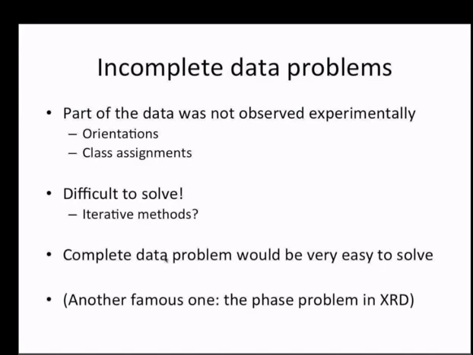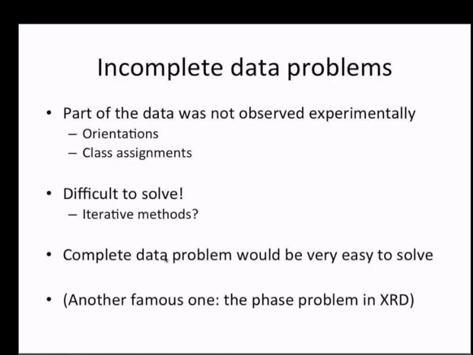Another famous incomplete data problem in structural biology that many of you may be aware of is the phase problem in X-ray diffraction. Because in X-ray diffraction, you only observe intensities of diffraction spots, which relate to the amplitudes of the Fourier components, but the phases of those components are completely lost.